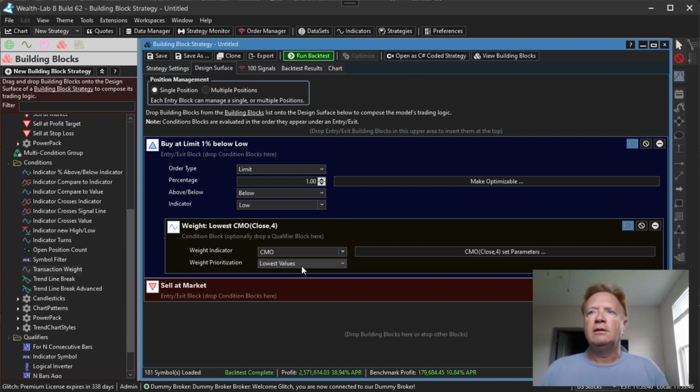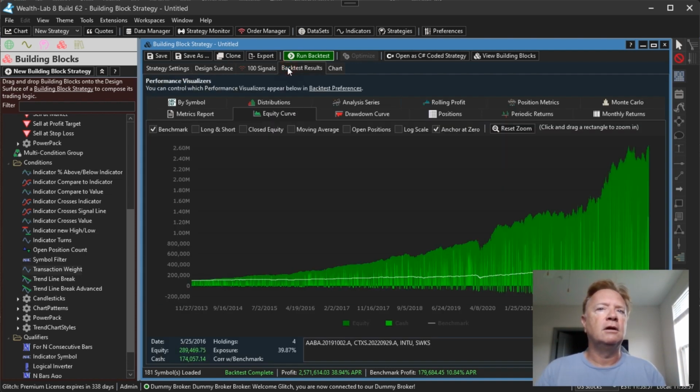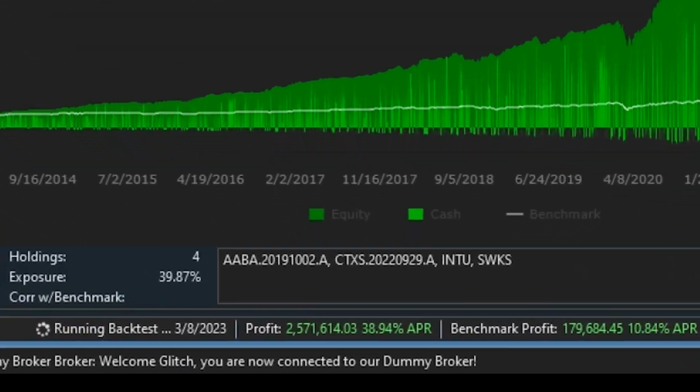The ones that are more extremely oversold in the short term, we want to give a higher weight and therefore make them more likely to be bought. So let's look at our equity curve and run the backtest again now that we made that change.